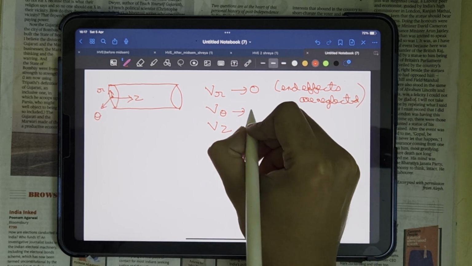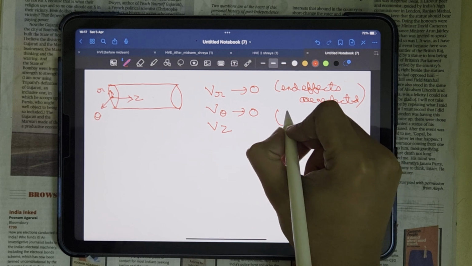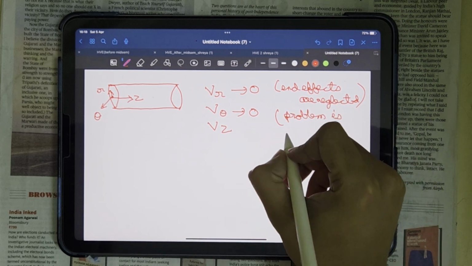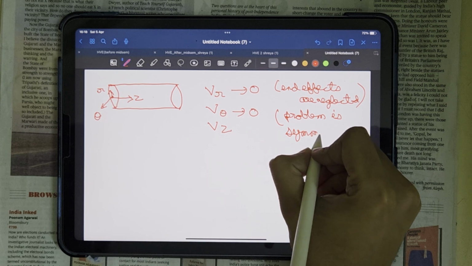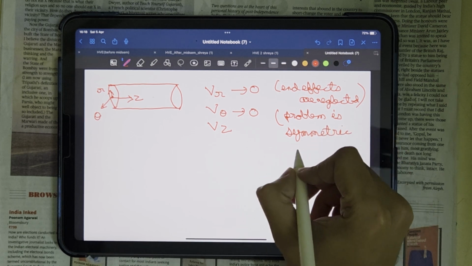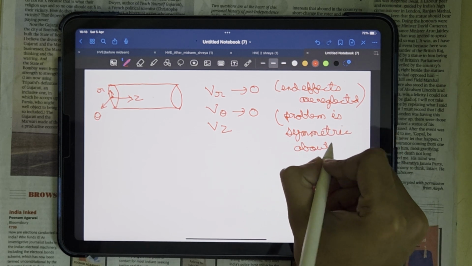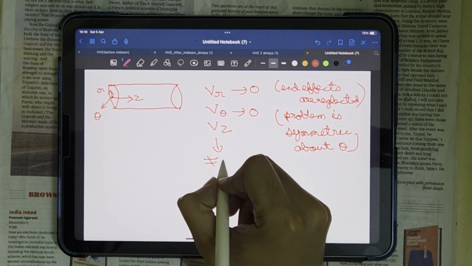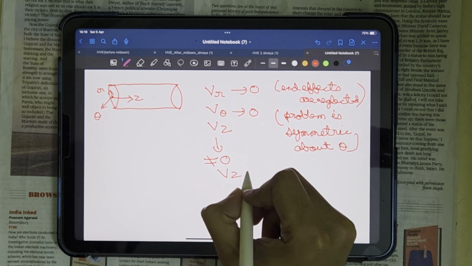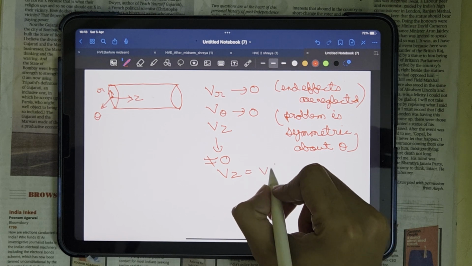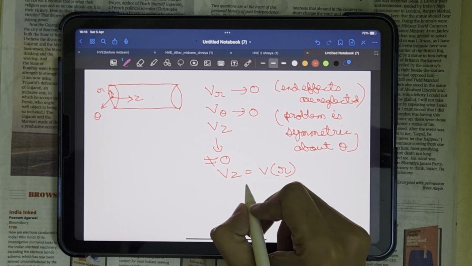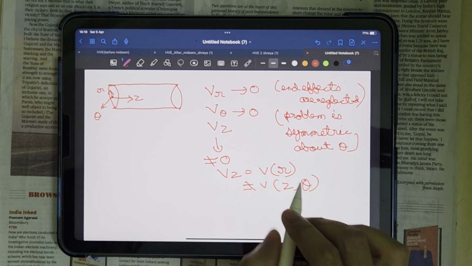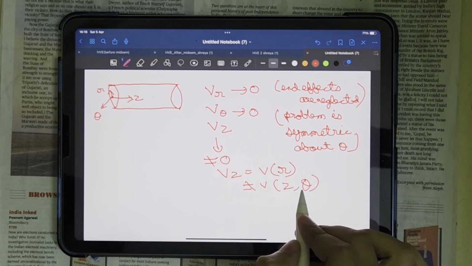V theta will be 0 as the problem is symmetric about theta. Vz will be non-zero, and Vz will be a function of r only. It is not a function of z and theta. This is a very important point to note down.